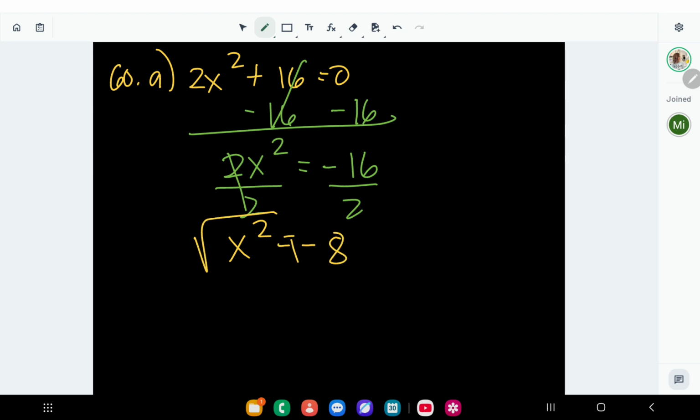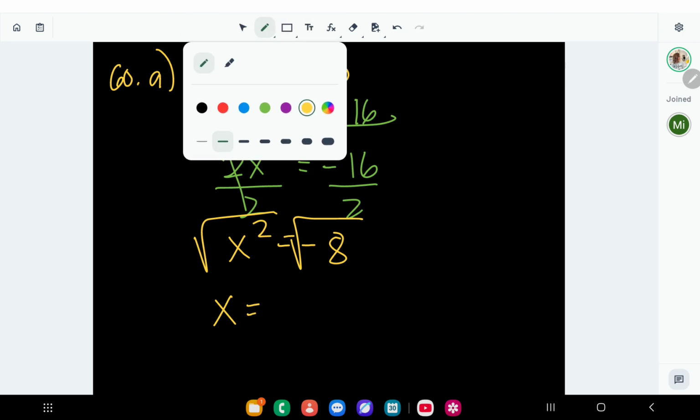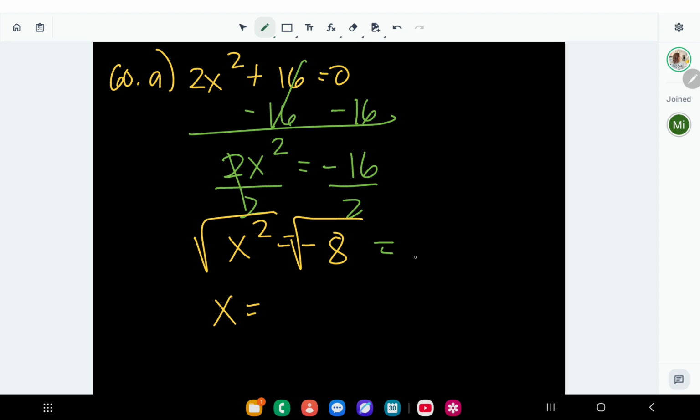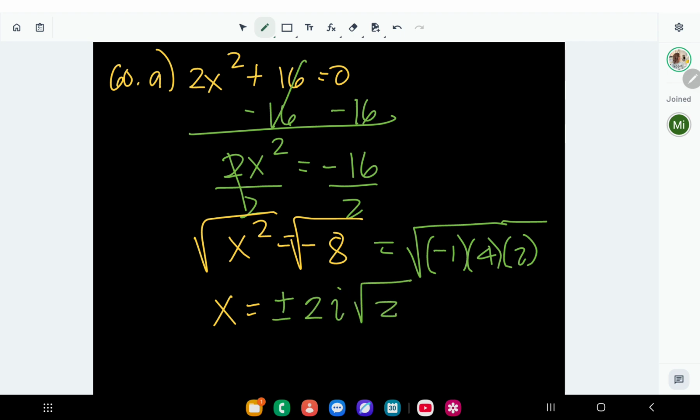Then we get the square root of both sides. So x is equal to, okay, here you can write 8 as 4 times 2. So this is negative 1 times 4 times 2. So our answer would be plus minus 2i square root of 2. Yeah, that's the answer.